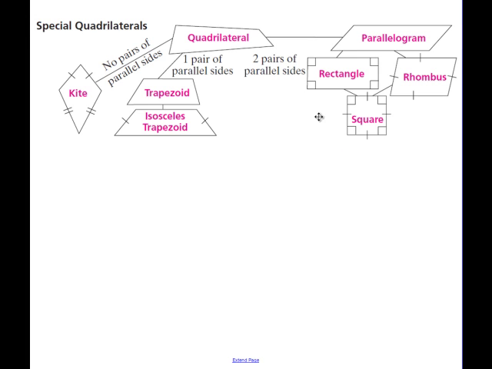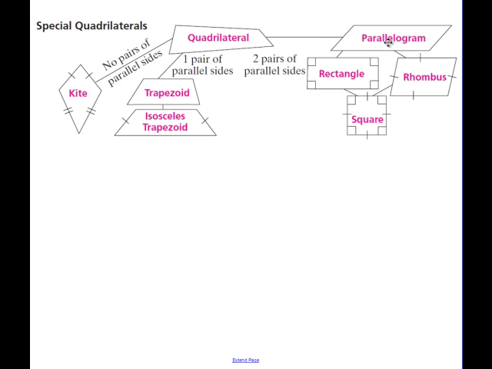So that was lesson 6.1, where we classified all of these different types of quadrilaterals. From there, we went on to lesson 6.2, where we started talking a little bit more about the parallelograms. We looked at some properties of parallelograms, such as the opposite sides are congruent on all parallelograms, the opposite angles are congruent, and when you draw the diagonals, from corner to corner, we find that they bisect one another, meaning they split each other in half.